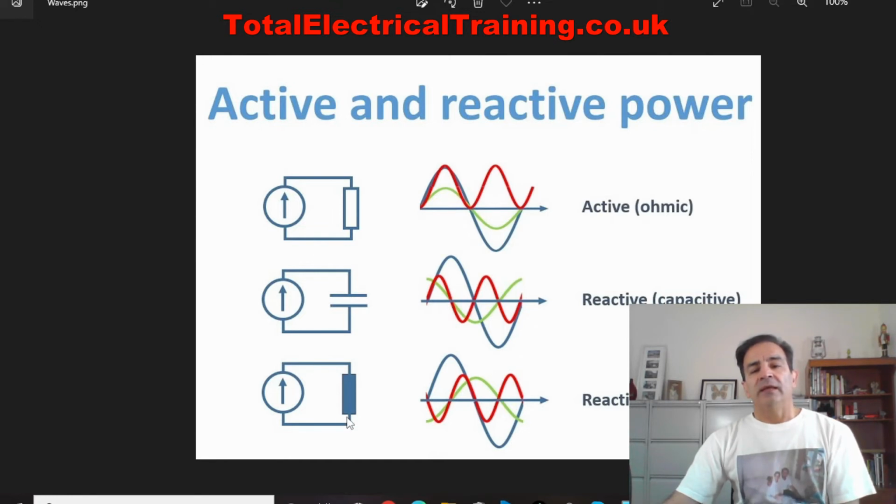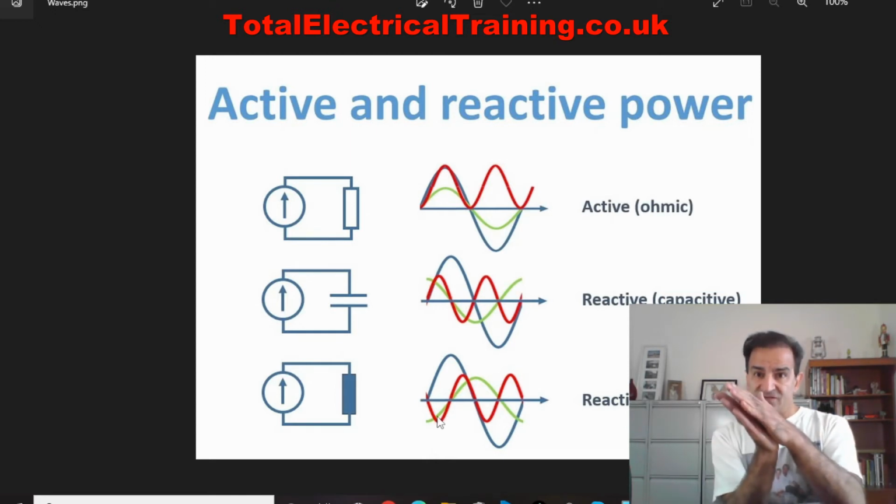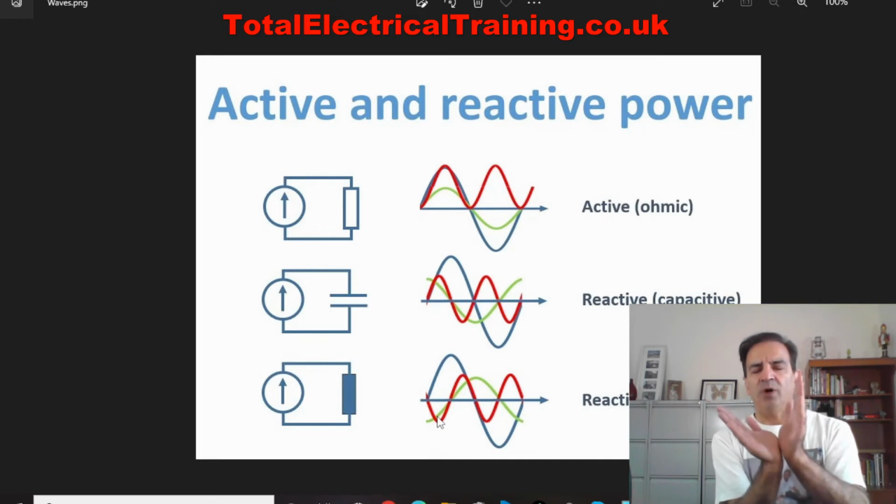When it's inductive, what happens is that if you consider this blue sine wave your voltage of your supply, and this green one your current, the current is leading voltage, or voltage is lagging current by about 90 degrees, depending on how much your inductive load is. Then what that does is create that triangle of power, and so you pay more than what you use.